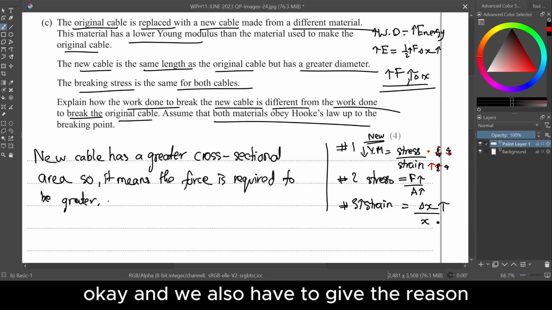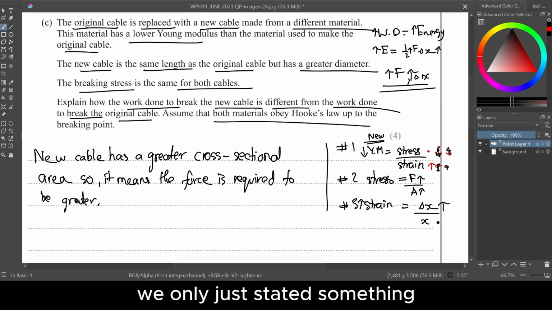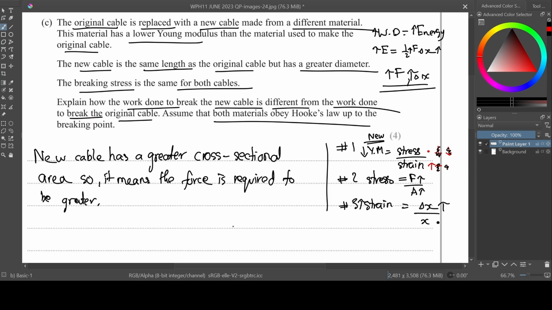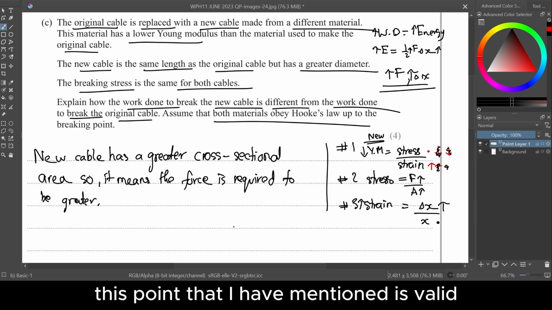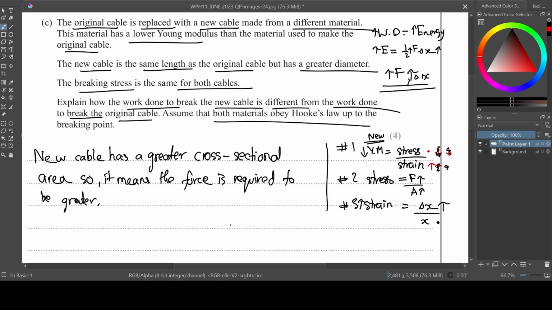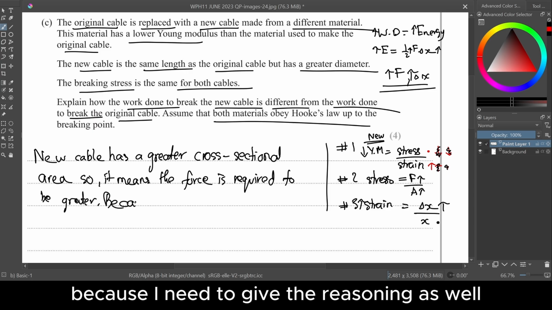Okay, and we also have to give the reason. We only just stated something, but we didn't give the reason. What is the reason? How can I say that this point that I have mentioned is valid? Because I need to give the reasoning as well.